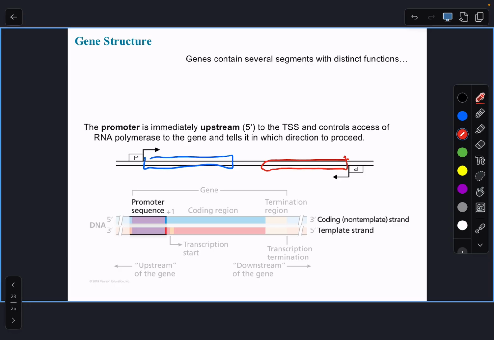So the promoter is a key component of genes that does not get transcribed. So that right there is already throwing some shade at our simplistic definition of a gene, a region of DNA that gets transcribed, because it turns out that some key components of genes do not get transcribed. The promoter is one of them.